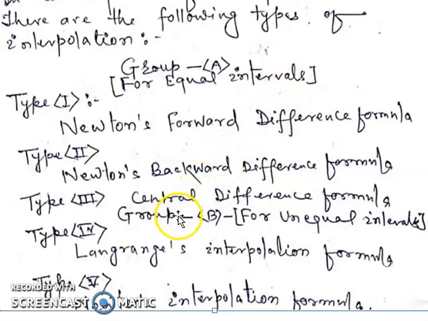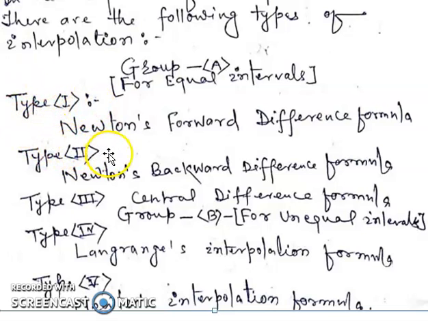Now, in the second group, group B, for unequal intervals, there are two methods: Lagrange's interpolation formula and Newton's interpolation formula. So there are 5 types of interpolation.